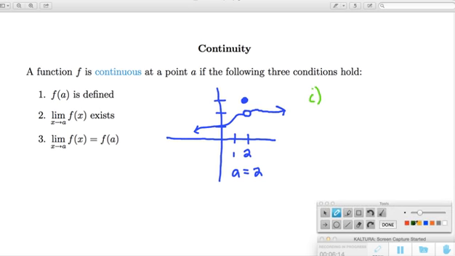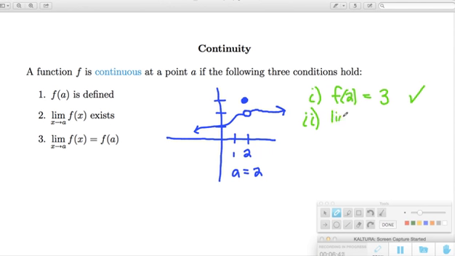So if we're checking for continuity at 2, to begin with, we need to figure out if the function is actually defined at 2, because if it's not defined, there's no way it's continuous. Well, if you look, when x is 2, the function is taking on a y value of 3. So f of 2 is 3, it's defined, there's no issues there. So there's no domain issues, the function is defined at 2.